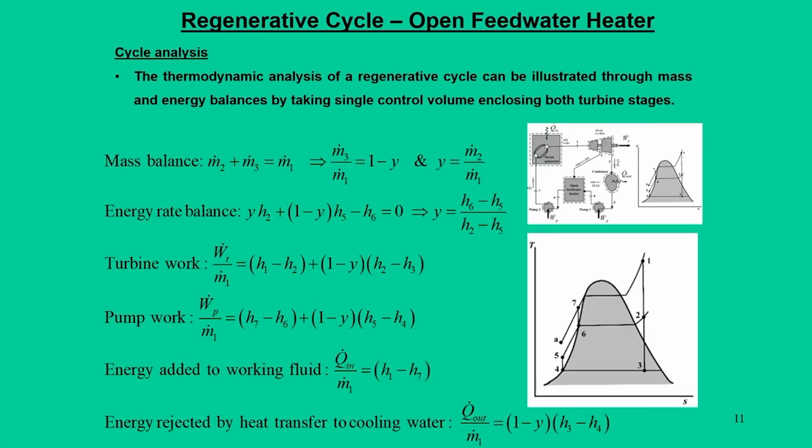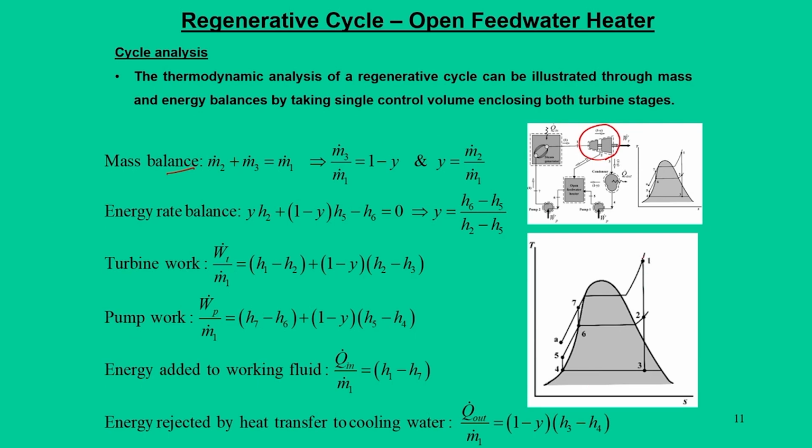So, we will see a brief look into the cycle analysis. Here our attention is focused on the mass balance equations that happen when you tap this heat in the turbines.